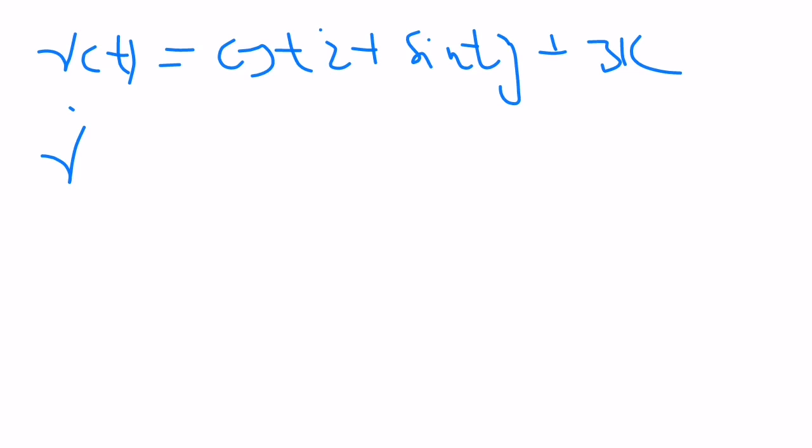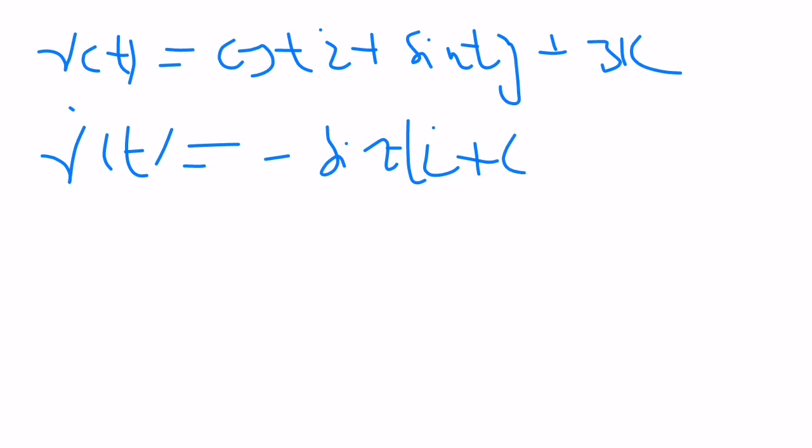Derivative with respect to time of r is equal to minus sin t i plus cos t in j direction, and the third component is equal to 0.